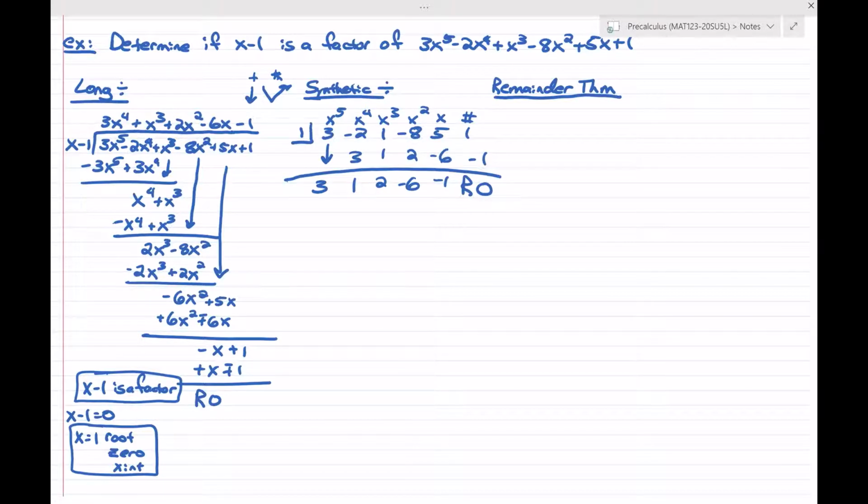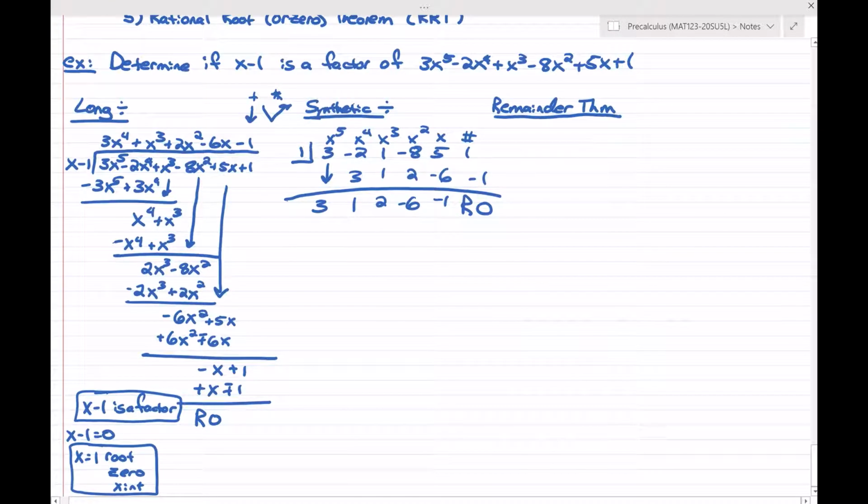So we get the same answer, and using the remainder theorem, what we're going to do is, if x minus 1 is the factor, x equals 1 would be the root, so we're going to figure out if this whole thing is f of x. Let's figure out f of 1.